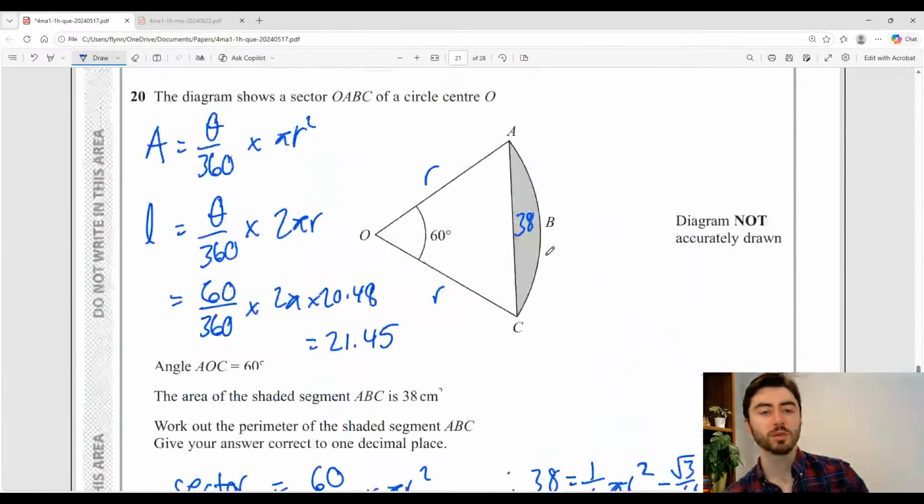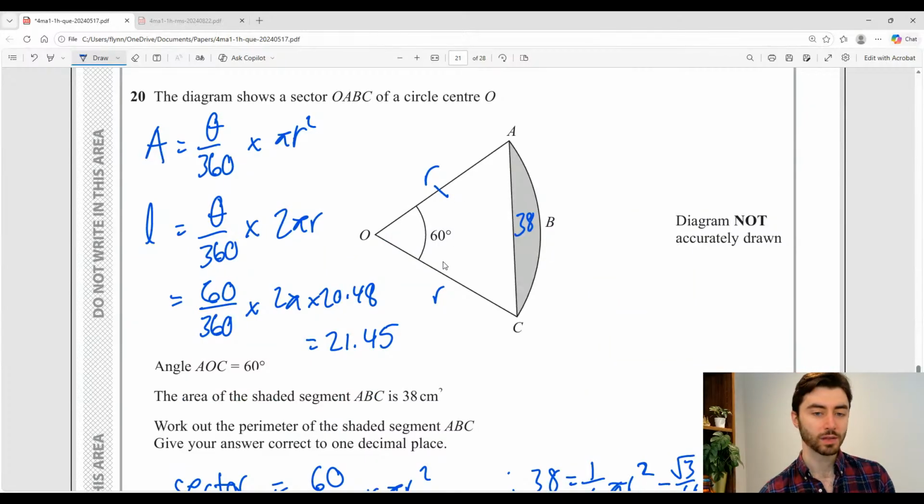Now, what I should have spotted is if these are the same length and the angle in between is 60, then the angles in a triangle are 180. If I subtract that 60, I get 120. And because the angles at the base of an isosceles triangle are equal, these should both be 60 as well.